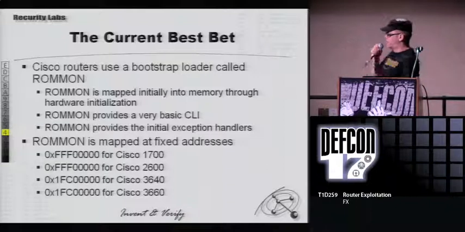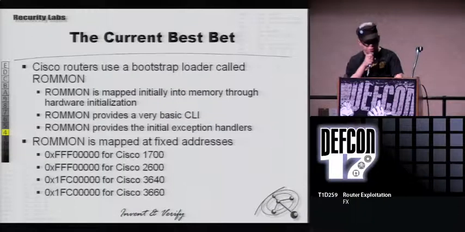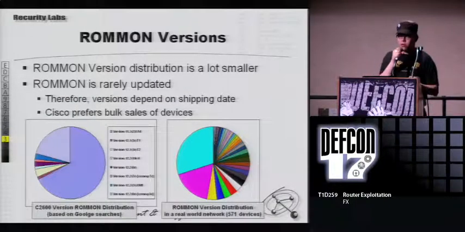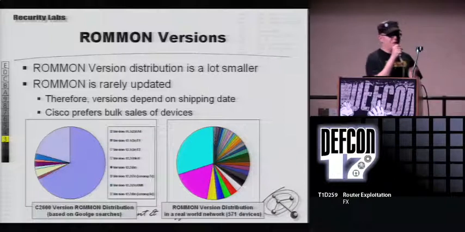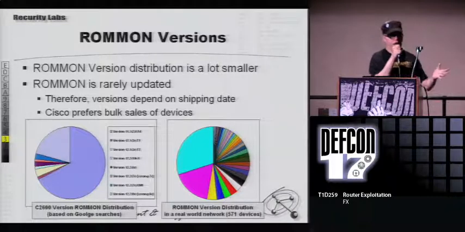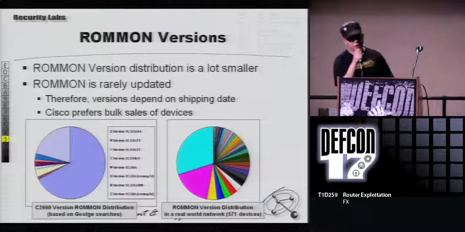So you see the addresses are relatively stable. What about the code? The version distribution is a lot smaller with ROM, and it's rarely updated. Who updates a router BIOS? There is only one reason to do it: if you get new line cards, then you sometimes need to update it. Other than that, nobody does that.